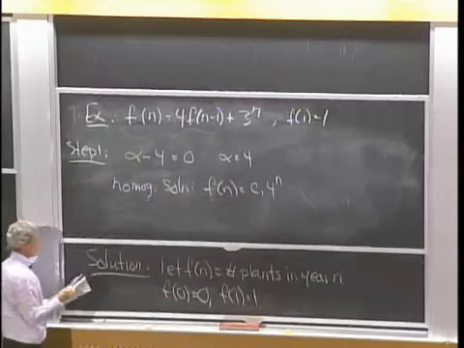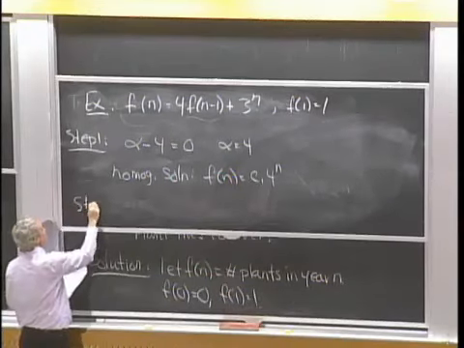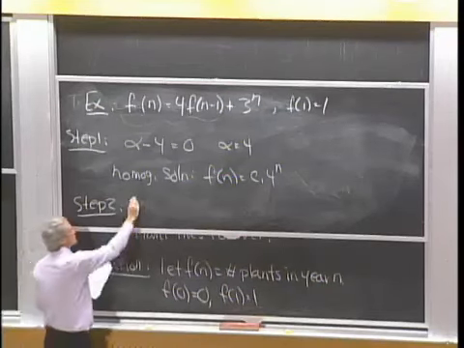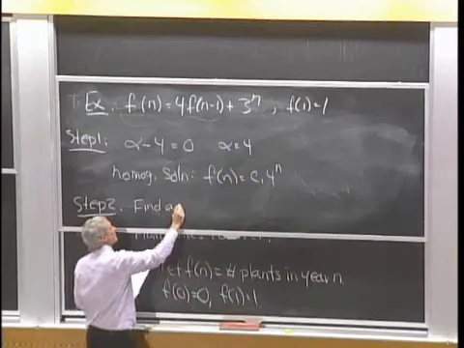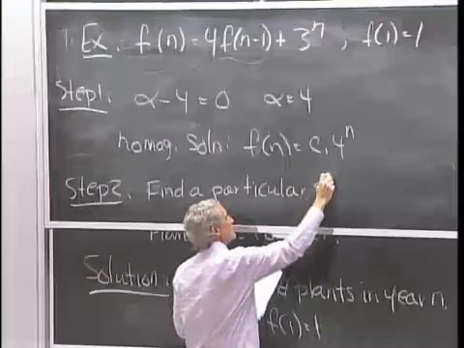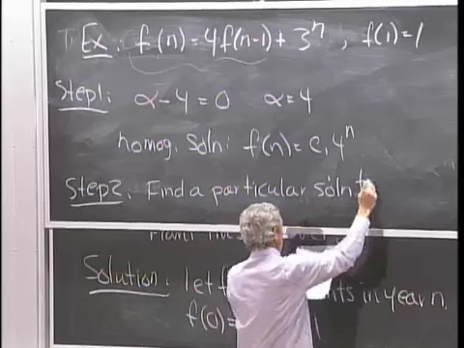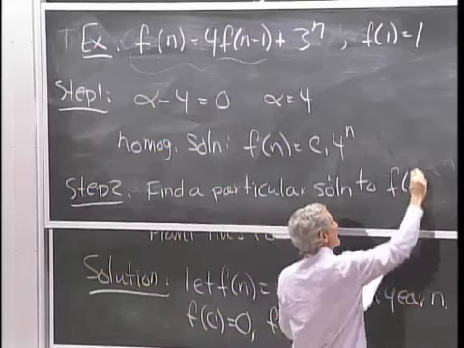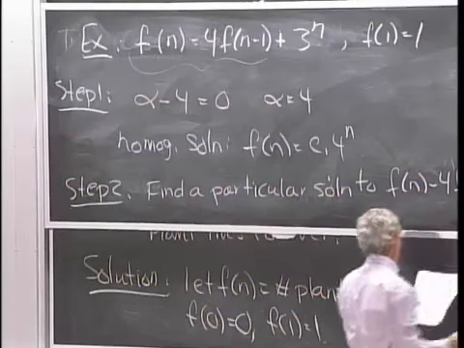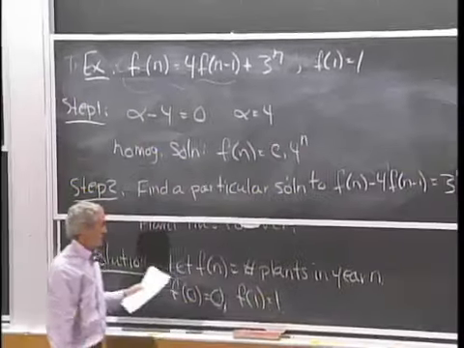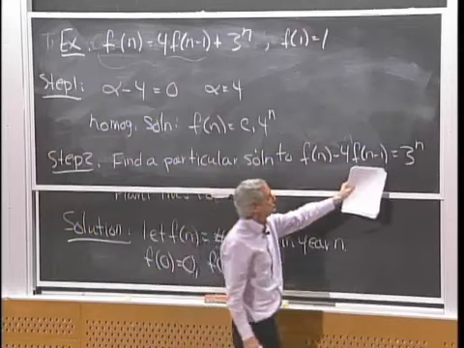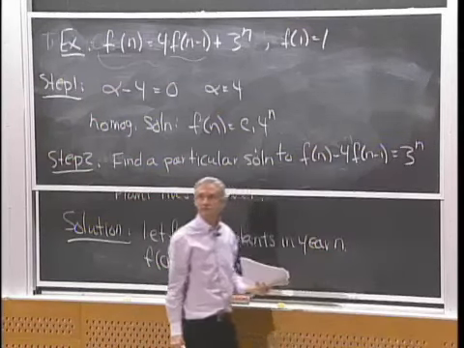Okay, let's do step 2, which we've not tried before. We need to find a particular solution. This just means any old solution to f of n minus 4 f of n minus 1 equals 3 to the n, without worrying about boundary conditions. Now, there's basic rules to use to figure out what to guess here.